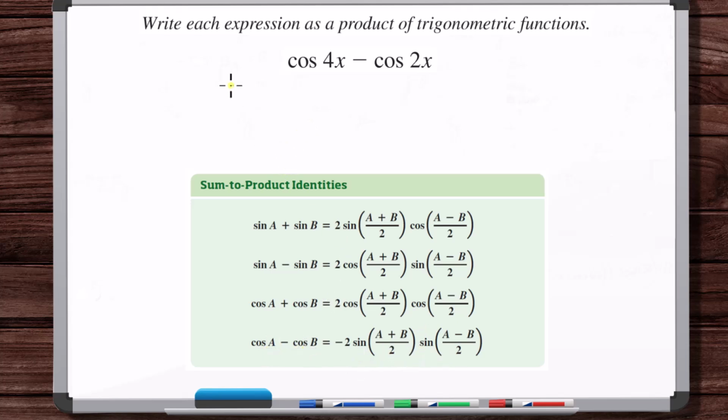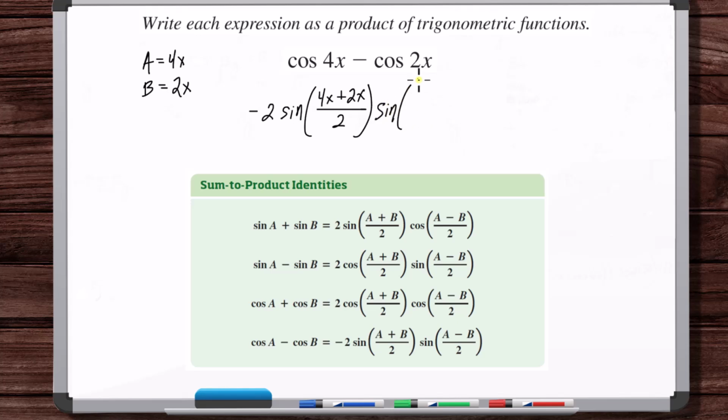So in this case, we've got A is 4x and B is 2x. So, okay, minus 2 sine of 4x plus 2x over 2 times sine of 4x minus 2x divided by 2.